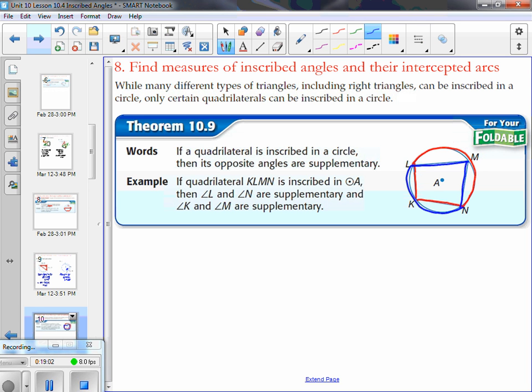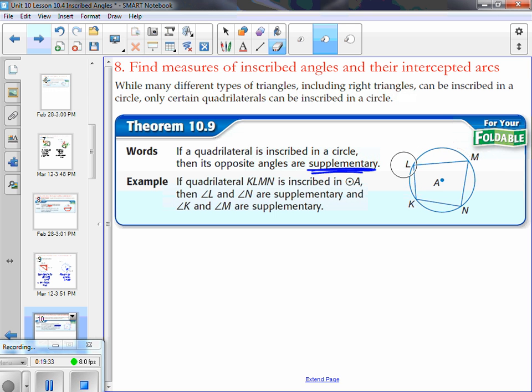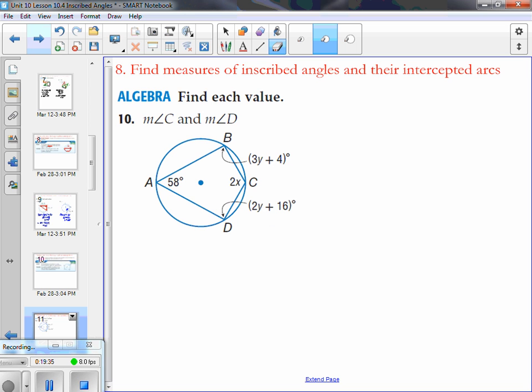So doesn't that mean that the measures of the inscribed angles put together should be half of 360? Because the measure of an inscribed angle is half the measure of the intercepted arc. So if 360 degrees are intercepted, then the measures of the angles total up to 180. Well, and if angle K and angle M add up to equal 180, we call them supplementary. So in an inscribed quadrilateral, opposite angles are supplementary. And again, not a proof, but there's why. And let's see how we're going to use that.